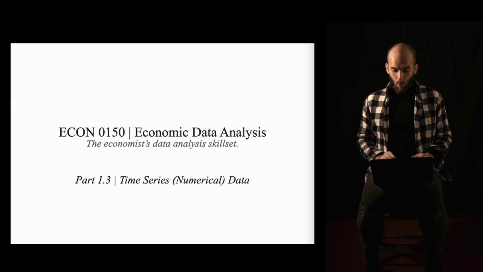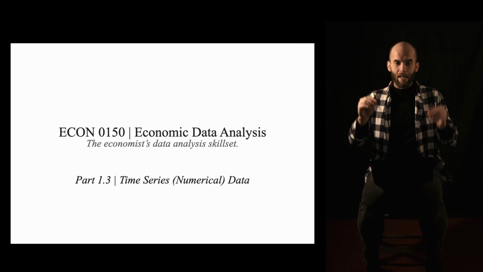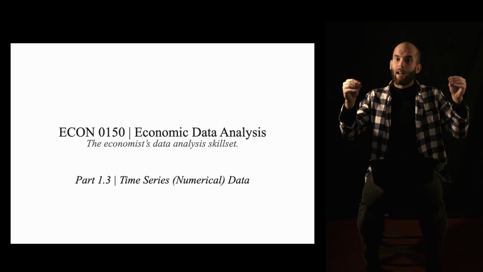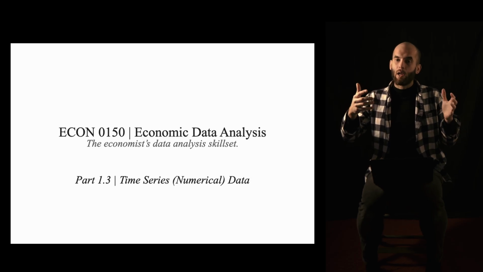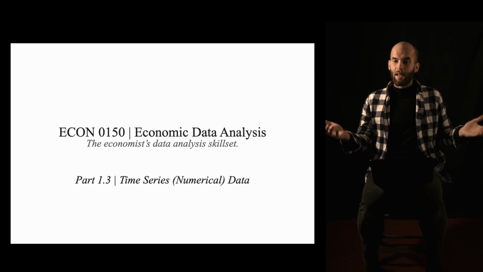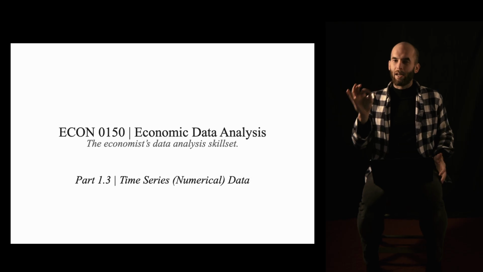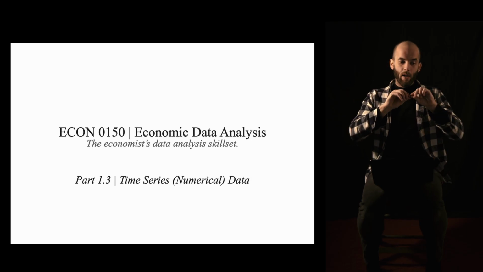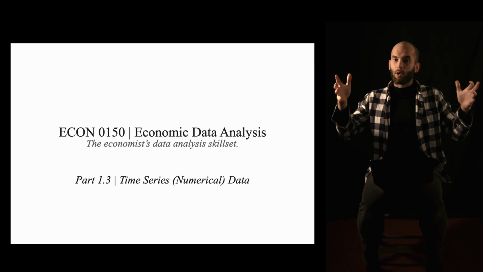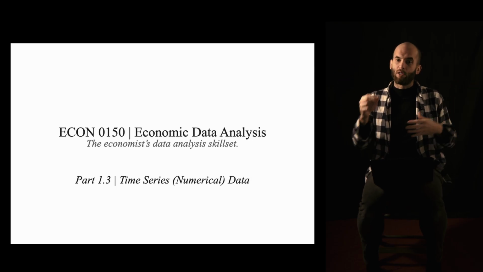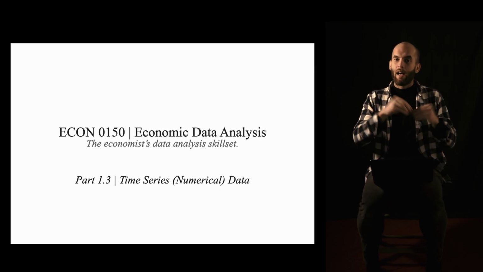But what we're going to focus on today is what we call time series data, where instead of having one index variable for multiple entities at one point in time, we have an index variable that's ordered through time, measuring one entity at many points in time.